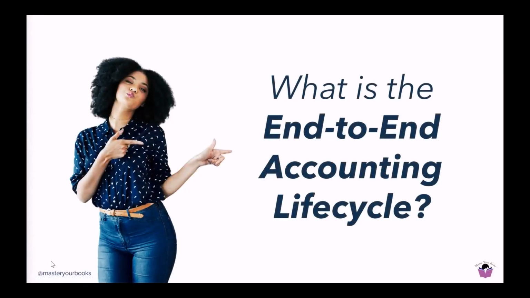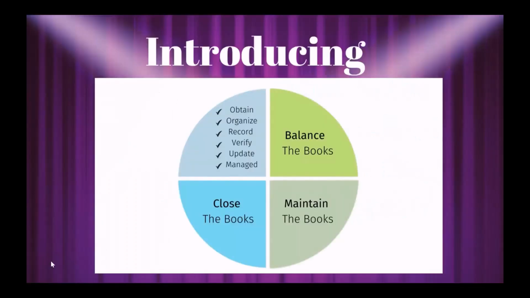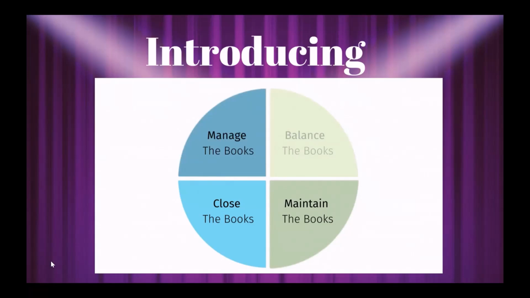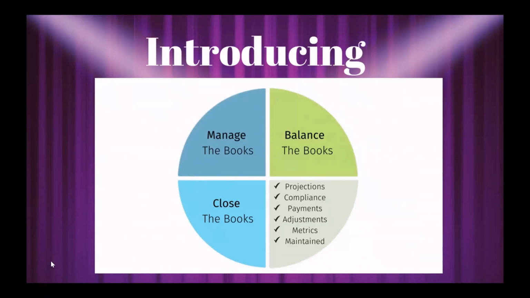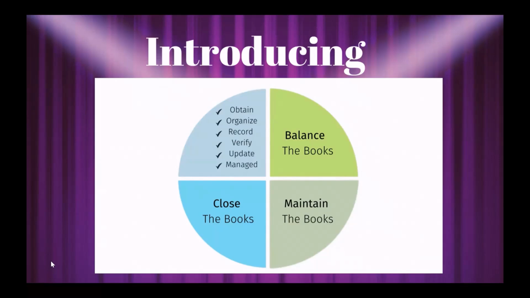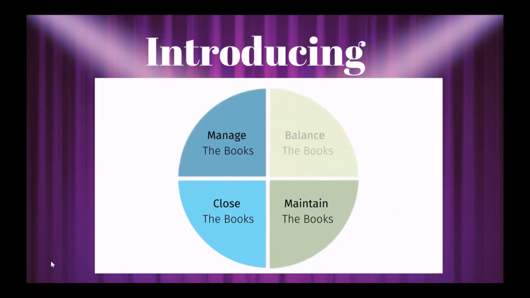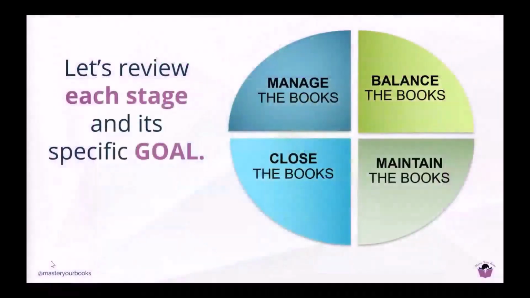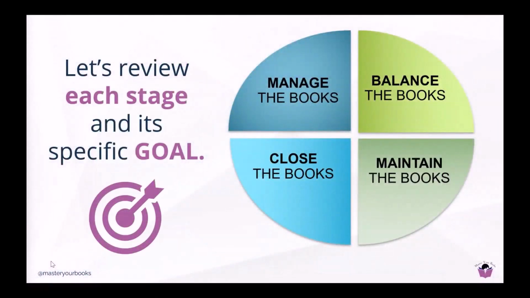So, what is the accounting life cycle? It's the full business life cycle that takes you from managing the books, balancing those books, maintaining those books year round, and then closing the books. Why? Because we want to create, build, and maintain tax-ready books year round. So let's review each stage and its specific goal.